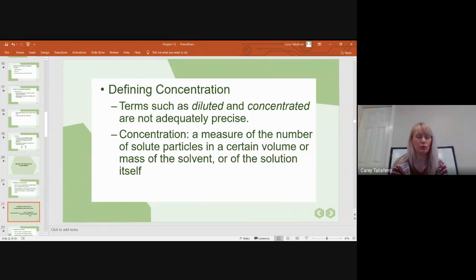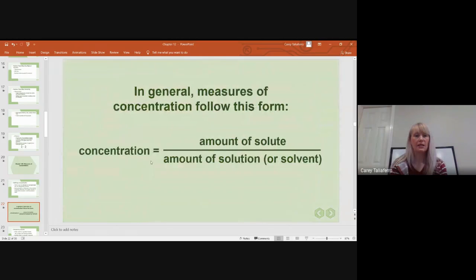So the general rule of thumb is that concentration equals the amount of solute. Again, remember, that's what gets dissolved in your solution, the lesser amount, divided by the amount of solution or just of the solvent. Now, why does that make a difference?